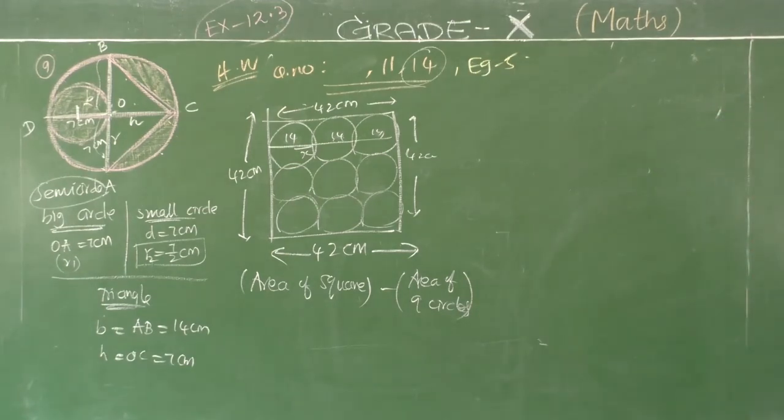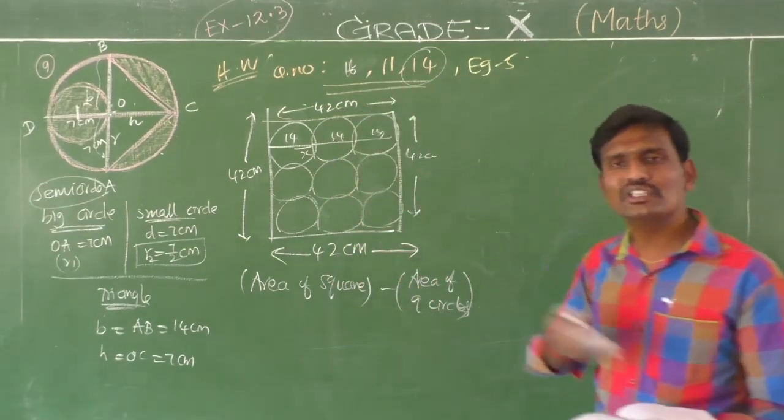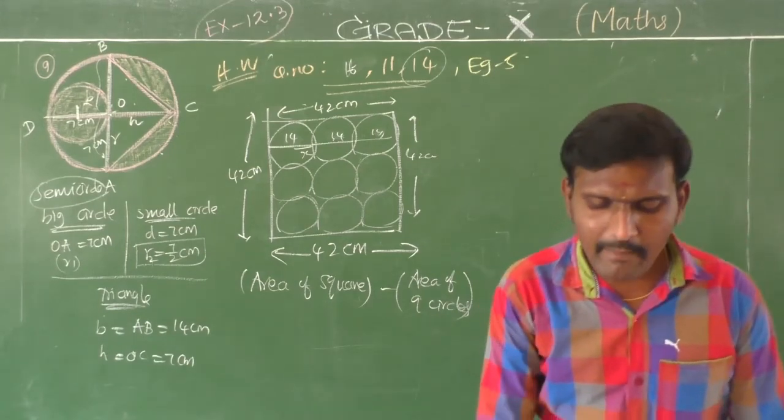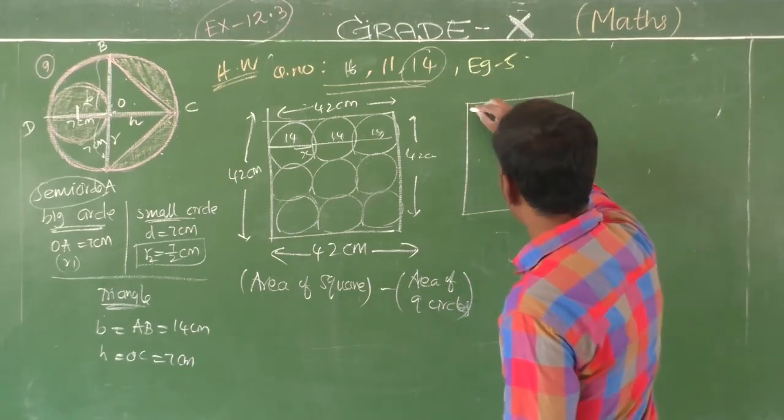And the last question I am going to give you as homework is question number 16. It has a similar design: one square cut sheet with a design like this.